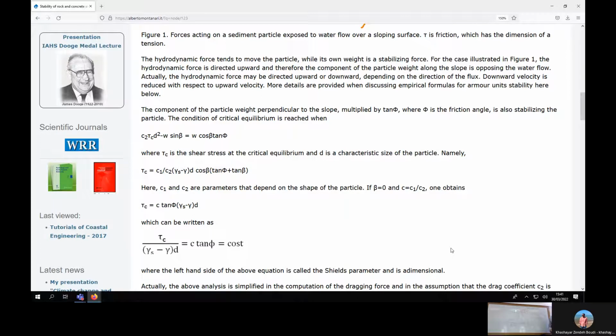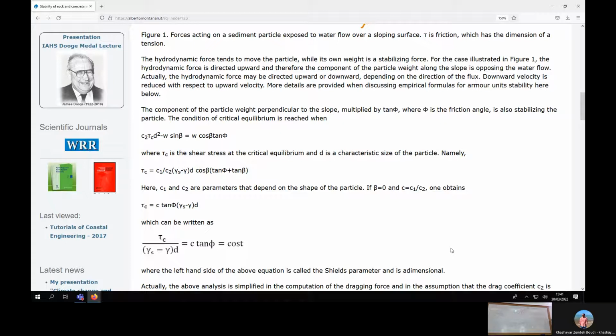So there was a guy called Shields that decided to go in the lab and make experiments with a flume. So Shields decided to make experiments with a flume and to check whether this is reliable.